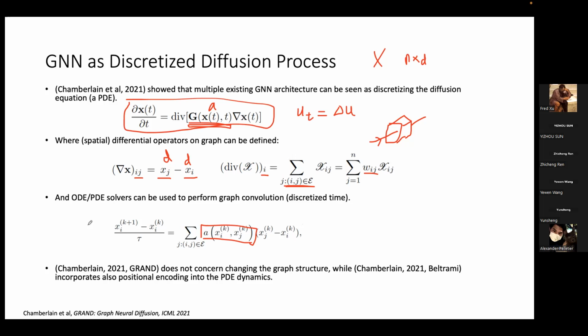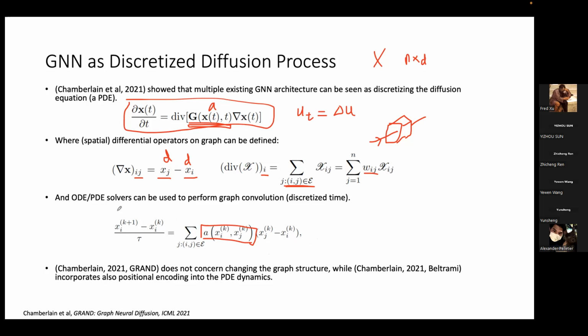Yeah, it's definitely easier for us to understand from the graph perspective, but I think this slide tried to make the connection between a general diffusion process and something defined on the graph. So that's why I think a deeper understanding of the original setting is also very important. Yeah, we kind of understand the second part. It's just the first part, the original setting, that is not that clear.